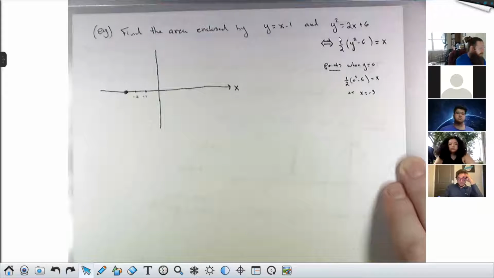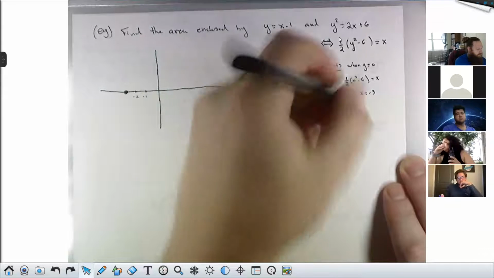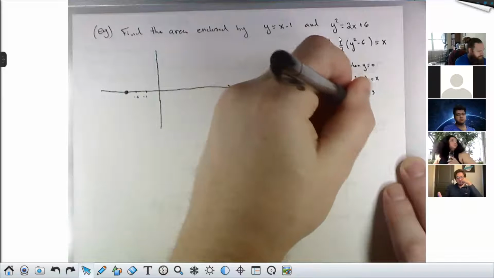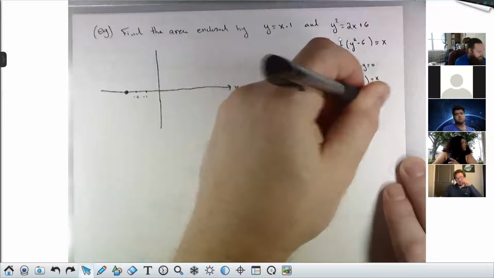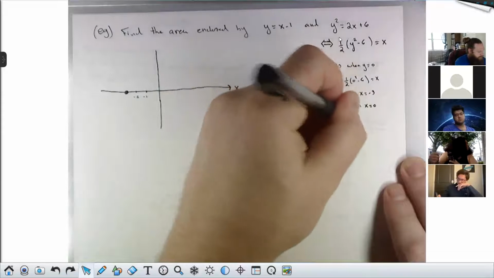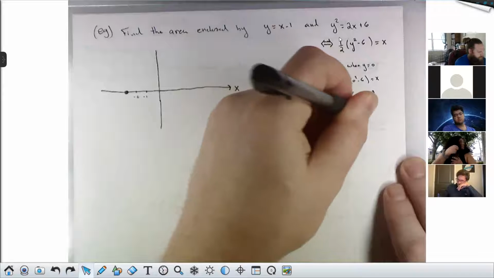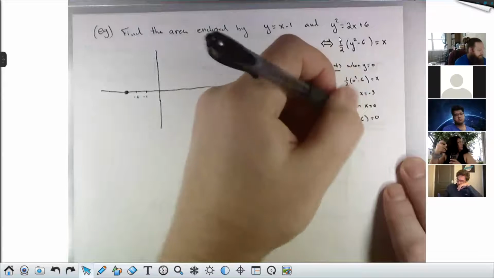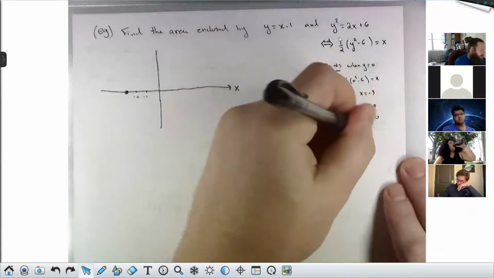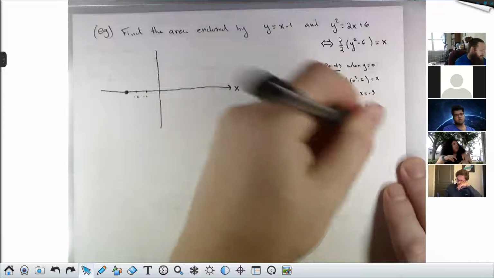The other things you might want are what we normally call the x-intercepts for a parabola that opens up and down. Here there would be y-intercepts, and you get that by looking at what happens when x is equal to 0. Then we have 1/2 times y squared minus 6 equals 0, which means y is equal to plus and minus the square root of 6.